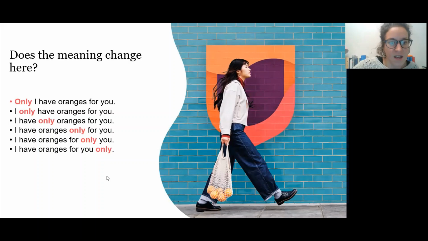And the last 3: I have oranges only for you, for only you, and for you only, also a little bit different emotional color, but the meaning stays almost the same. Still, depending on the context and depending on the person we're talking to, on the addressee, it's different.